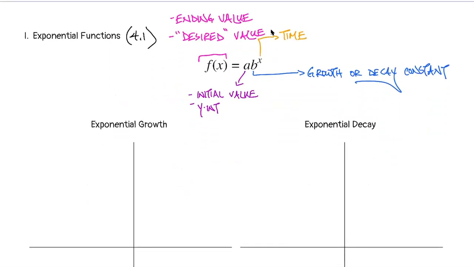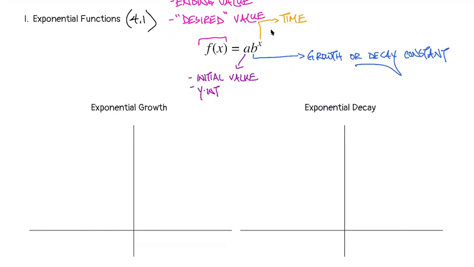So if someone says, give me an equation for a linear function, most people say y equals mx plus b. But now when someone says we have this exponential function, I want us to think f of x equals ab to the x. I want this to be automatic. Every time we see an exponential function, this is the equation that we're thinking about.